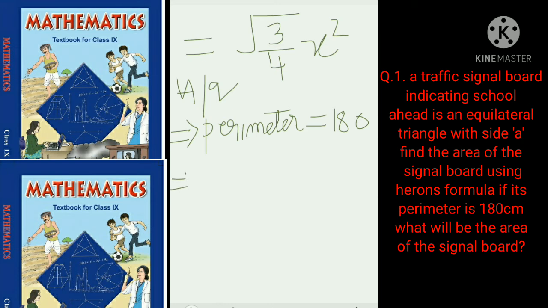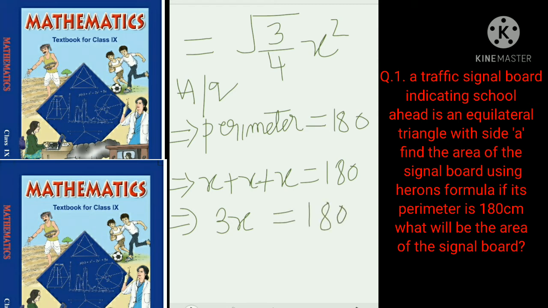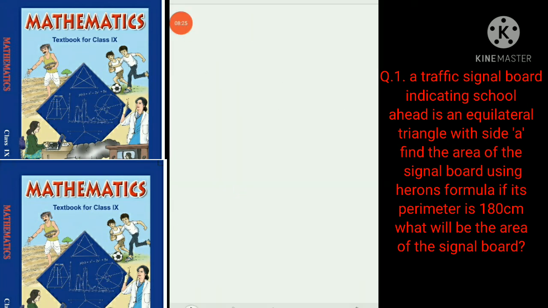So the perimeter is given as 180, and the perimeter is the sum of all the sides of the triangle, and the side of the triangle is given as x, so we will write x plus x plus x is equal to 180. Now x multiplied 3 times gives us 3x equal to 180. Now easily we can cancel it, so how much do you get? 60. So finally the x value we get here is 60.